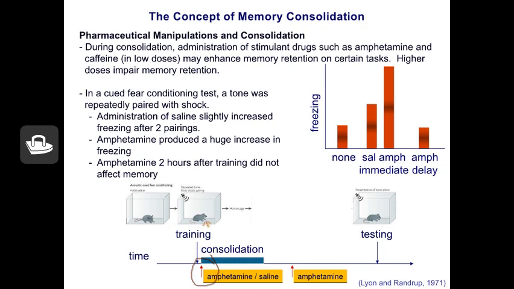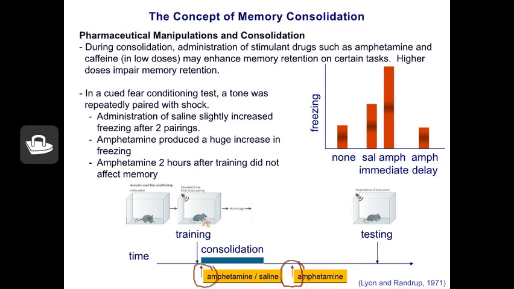And then an additional group of animals was injected with amphetamine after the consolidation period, a couple of hours later. Now, this nicely matches up with the ideal experimental design I described on the previous slide, with injections at time points 1 and 2. So I guess we're all good with the design.